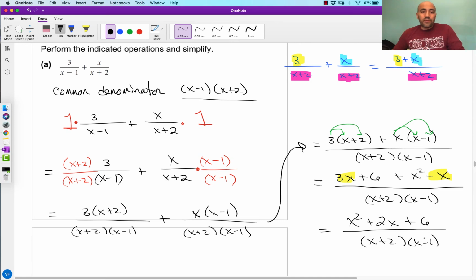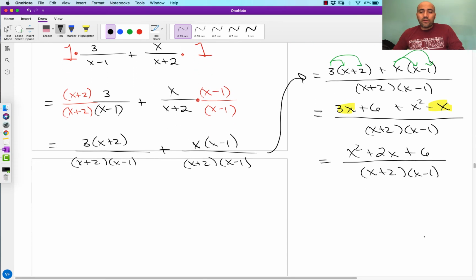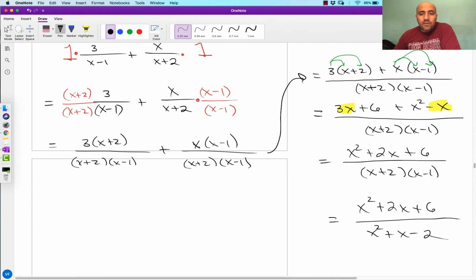So this would be a good place to stop, or if we wanted to break this down, it seems a little weird that this one's factored out and this one isn't, so we might want to go ahead and FOIL out the denominator. If we FOIL out the denominator, we'll get x squared plus x minus x plus 2x gives me a plus x minus 2, and that would be a good place to end.